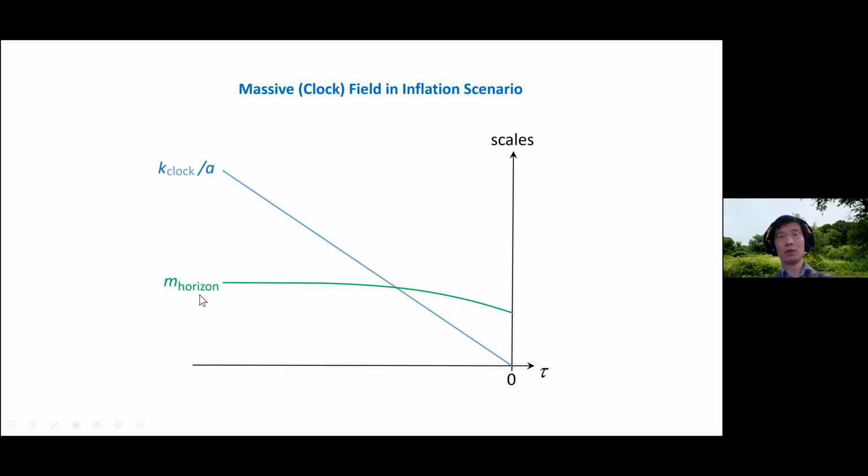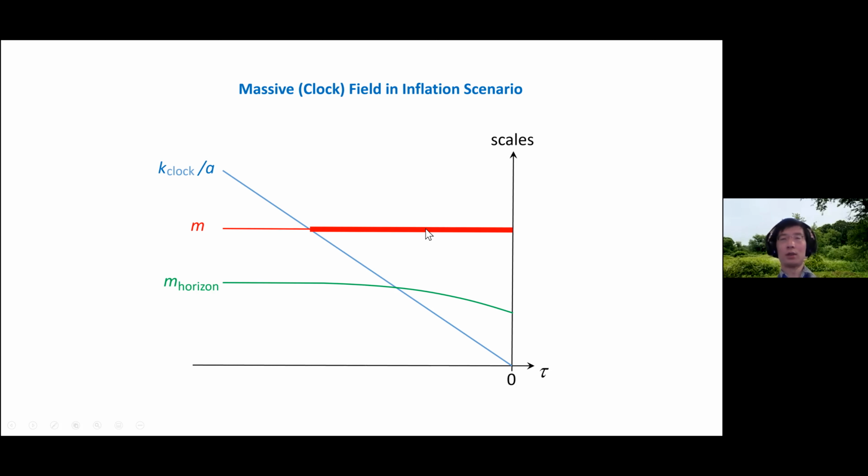But if we look at the physical wave number of the massive field, it's being stretched by the expansion, eventually exiting the horizon. So in most parts of the talk, I will assume the mass to be roughly constant. So that's the mass scale of the massive field that we hope to use as a standard clock.